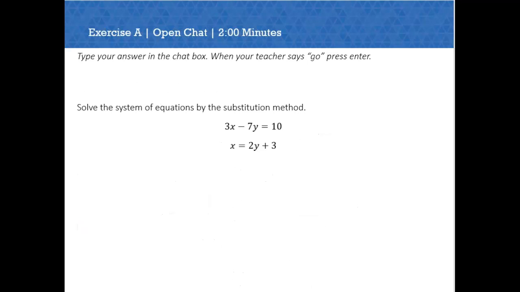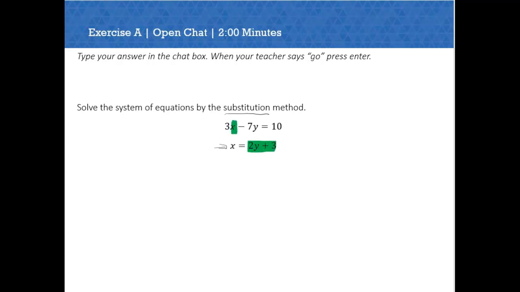All right, so moving on to the lesson, solve the system of equations by substitution. We generally use substitution when we already have an equation that has an x equals or a y equals, and we're going to substitute that. So we're going to substitute 2y plus 3 wherever we see an x in the other equation.